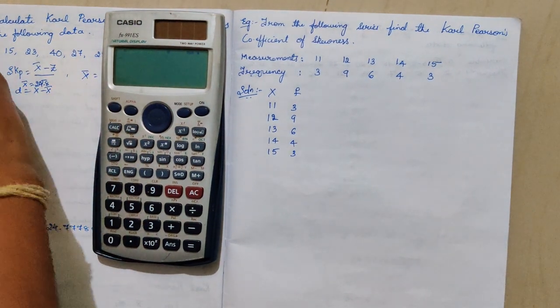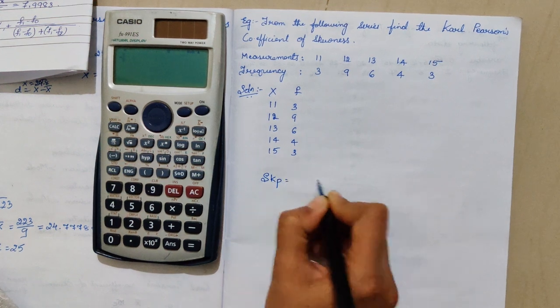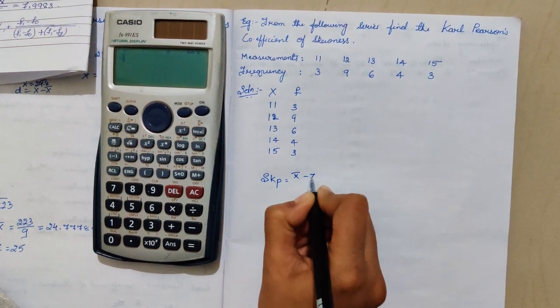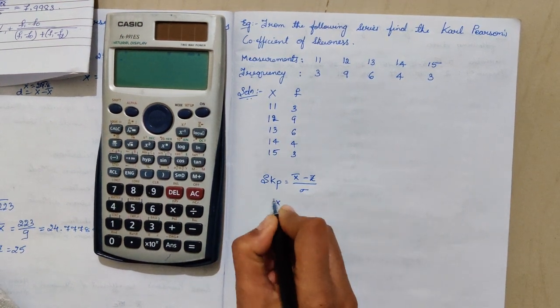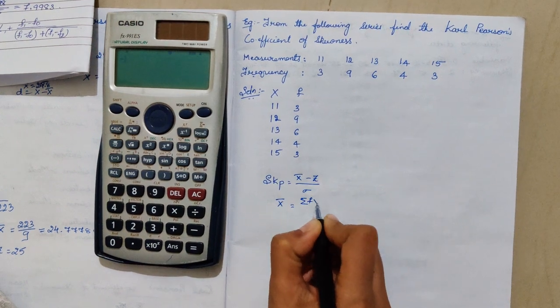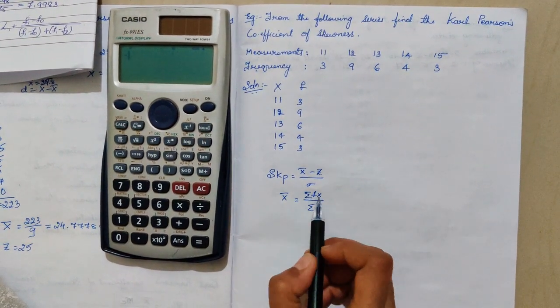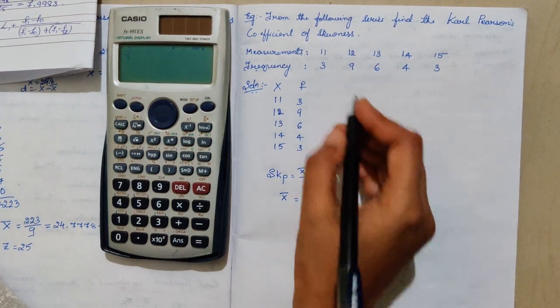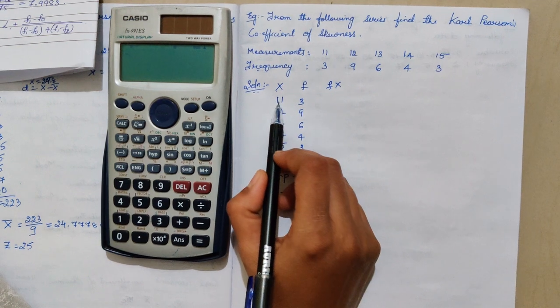To find this, the formula is SKP equals x bar minus z divided by sigma. Now we have to find the x bar value. The formula is summation fx divided by summation f. To find summation fx, first we have to find f into x. We multiply f with the x values.